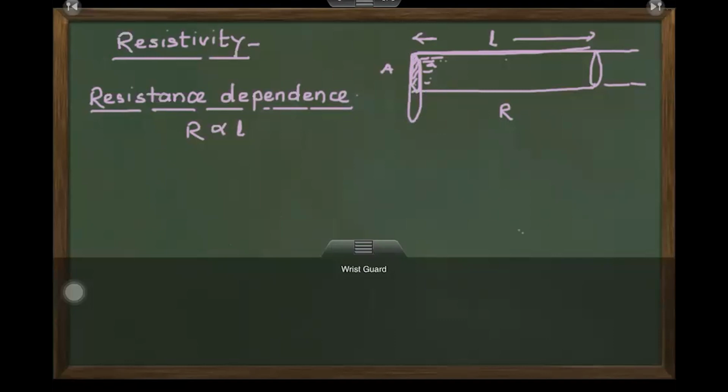Less collision, and that's why you can say that R is inversely proportional to A. Inversely proportional means if one is increasing, the other one is decreasing. So resistance depends on length and cross-sectional area.